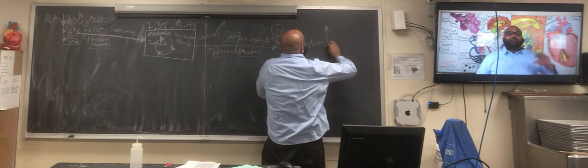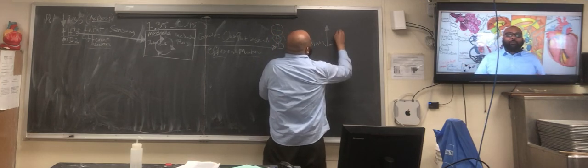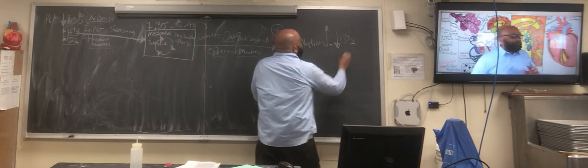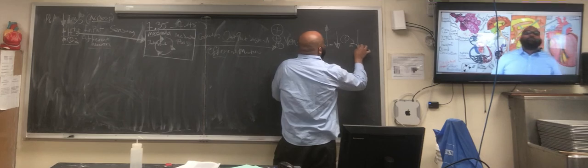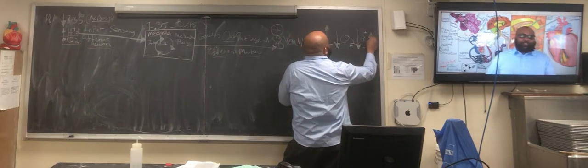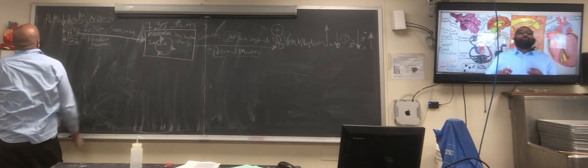So an increase in ventilation will lead to a decrease in carbon dioxide content in the blood, and a decreased carbon dioxide content in the blood will lead to a decrease in the hydrogen proton in the blood, and a decrease in hydrogen proton in the blood will cause the pH to increase. Remember, the problem was we had a low pH to begin with in patient one.